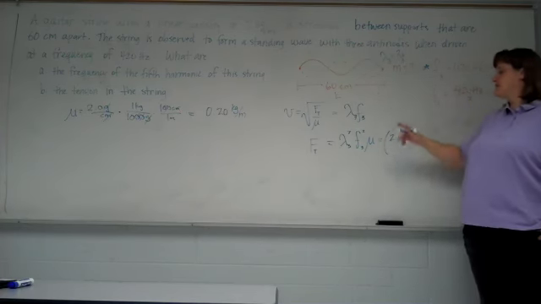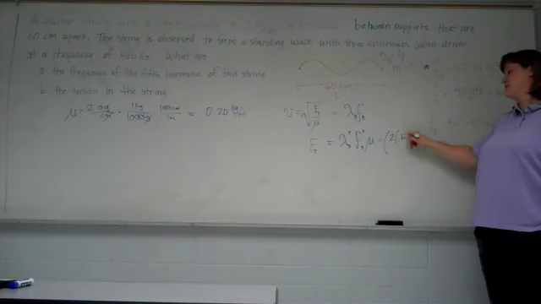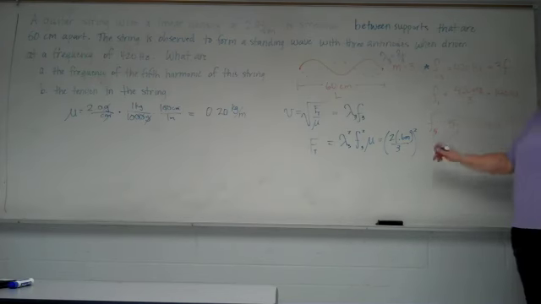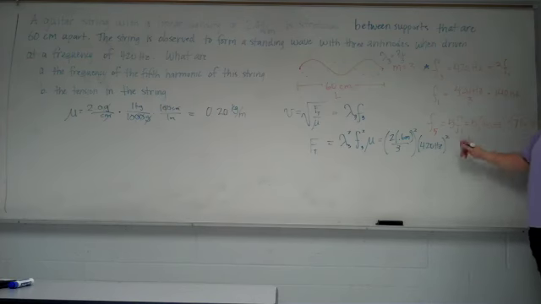L is 60 centimeters, so I would put that into meters, so 0.6 meters. 2L over 3 is the wavelength. We need to square that whole thing. The frequency for the third harmonic was given, that's 420 hertz. We need to square that as well. And then the linear mass density, we've just changed to kilograms per meter.